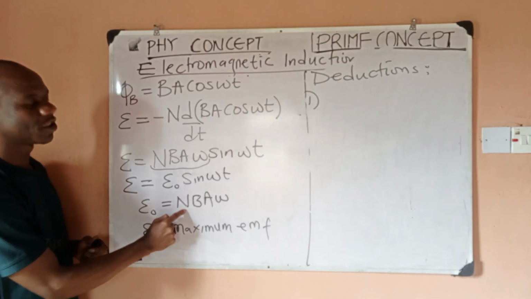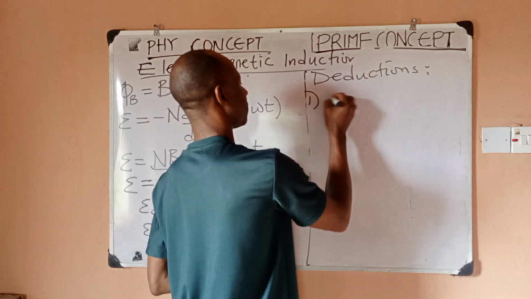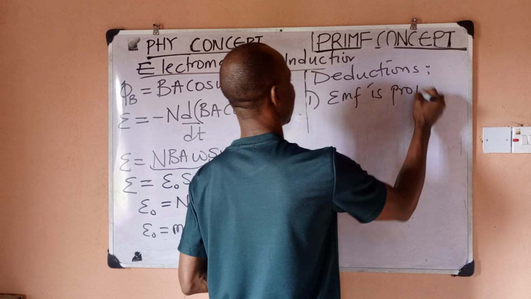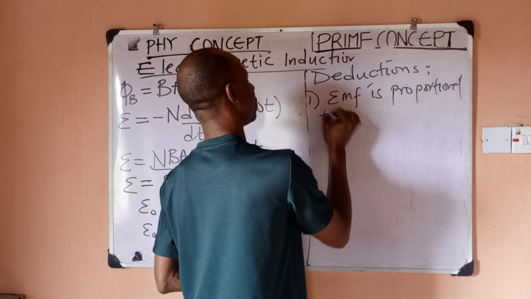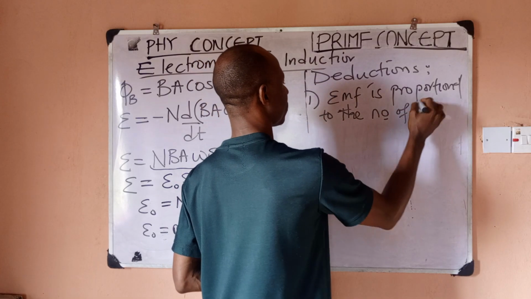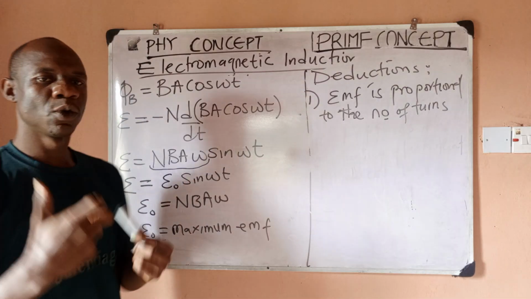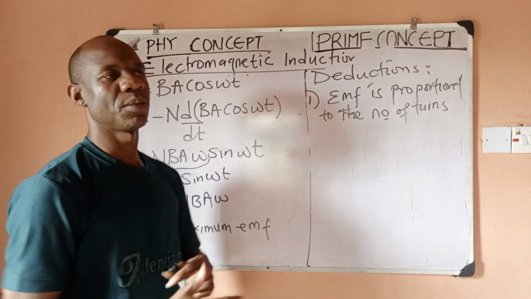The induced EMF is proportional to the number of turns. So what it means is that if you want to increase the induced EMF, then you should increase the number of turns, right?